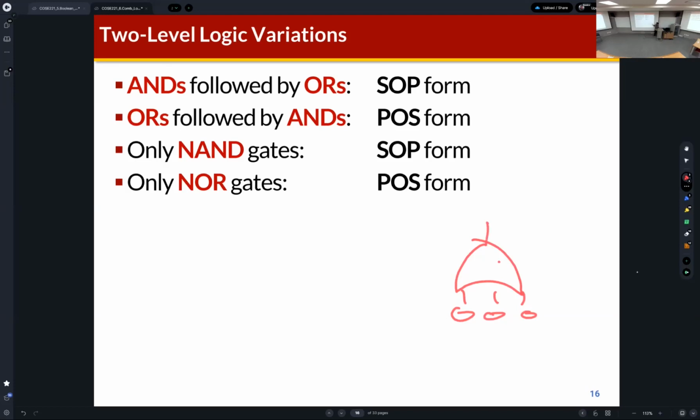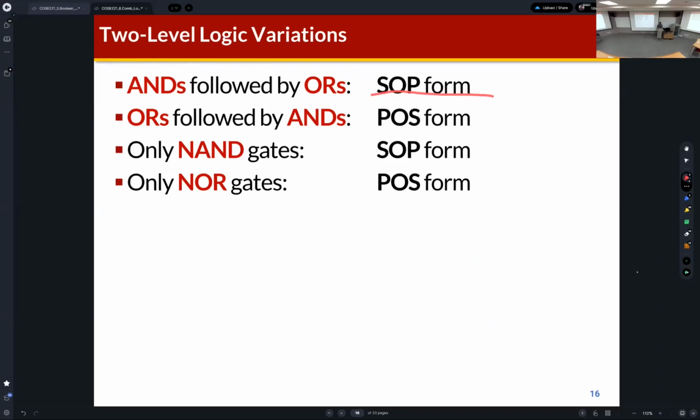So this is the ANDs followed by OR. This is actually called the SOP form, right? So we learned that. Also, we can consider another form, the POS form.